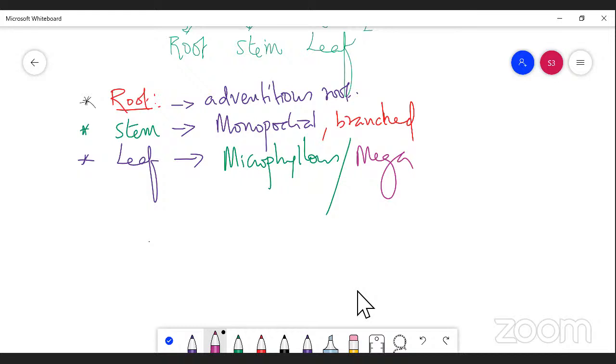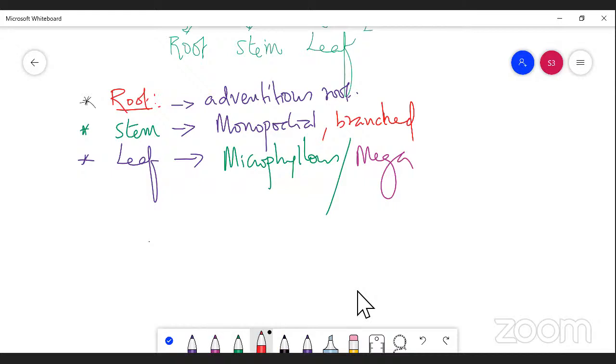I repeat it again: the nature of leaf in pteridophyte is that the leaves are either small, microphyllous, or large, megaphyllous, right? Large size, and the shape of the leaf is preserved.